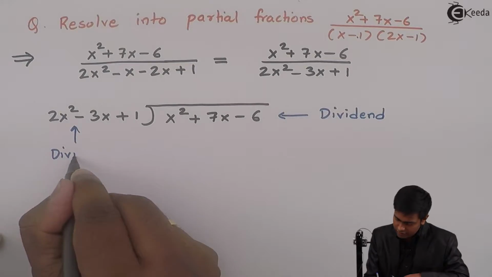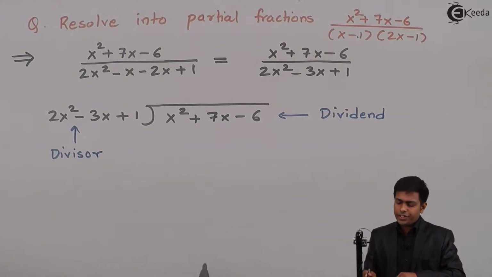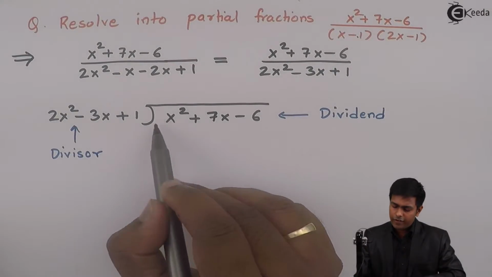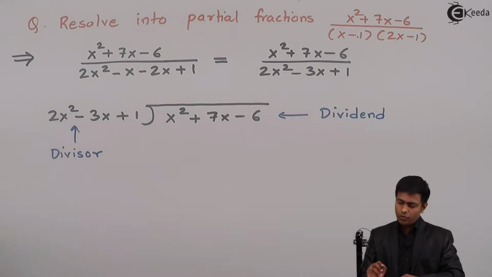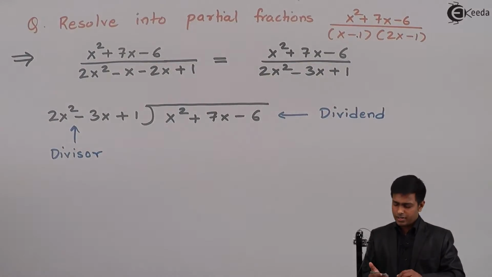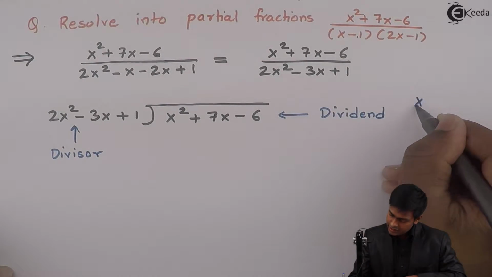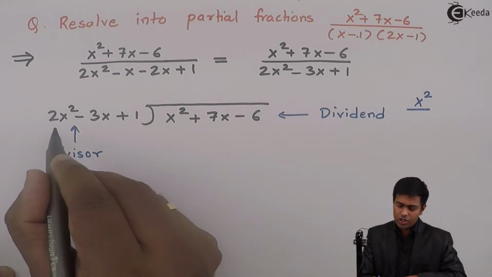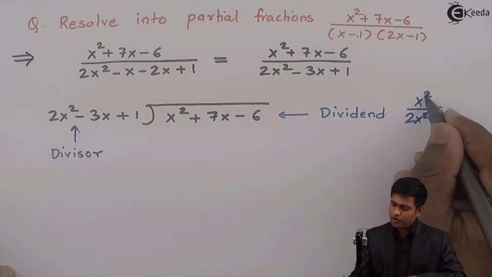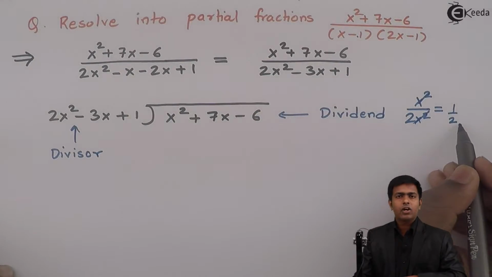Now to perform the division of polynomials, we start with the first term of the dividend and the first term of the divisor. The first term of the dividend is x² and the first term of the divisor is 2x². By dividing this we get 1/2. So that 1/2 is our quotient.